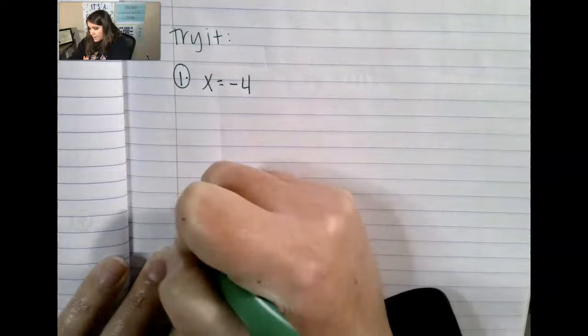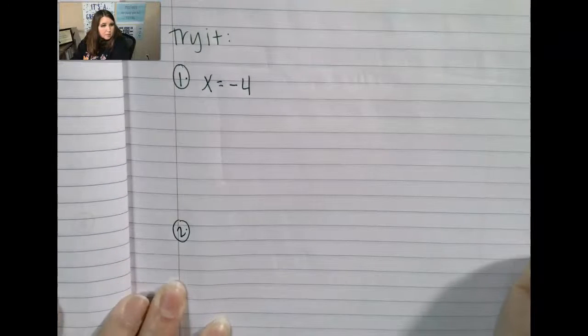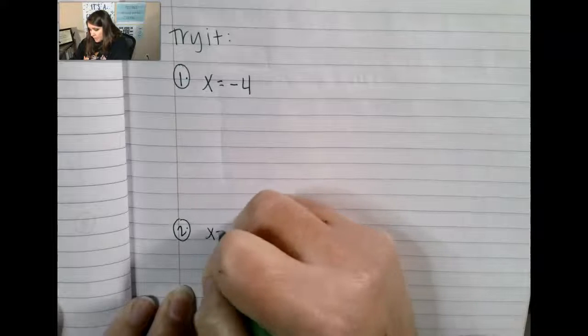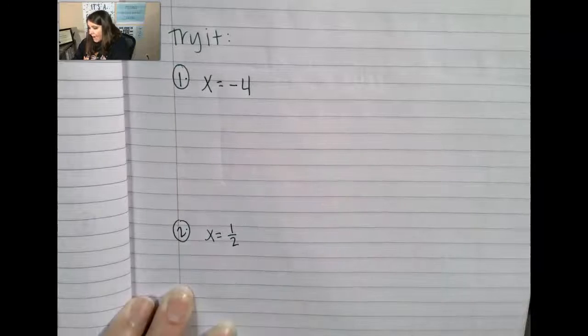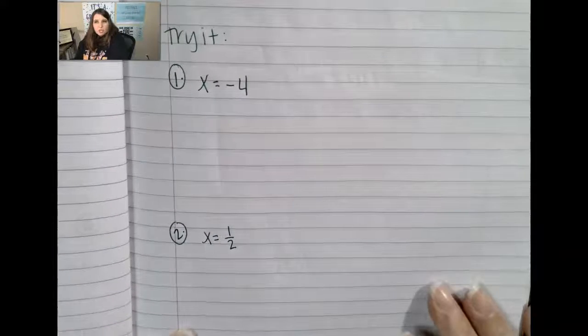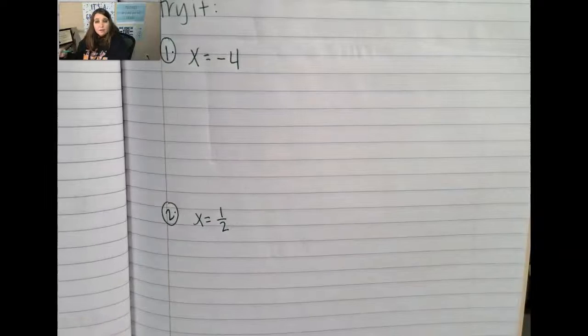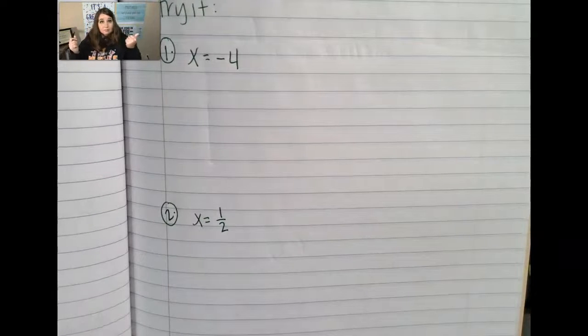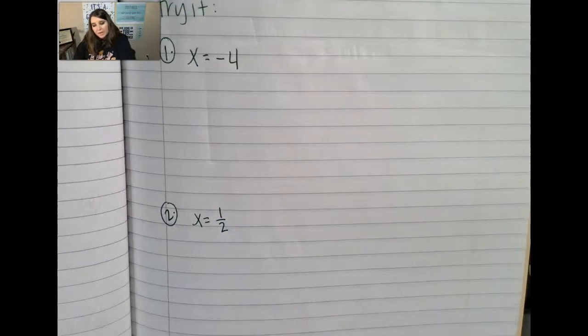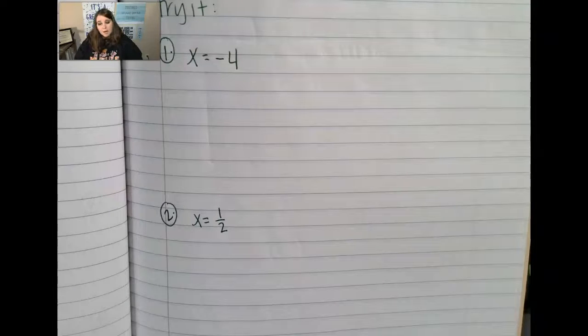Try it number 2 says that x equals 1/2. Your job is to graph both of these. Graph them for me. Tell me what you get. Go ahead and hit pause right now so you don't hear me solving, and then when you are ready, come on back and check your work.